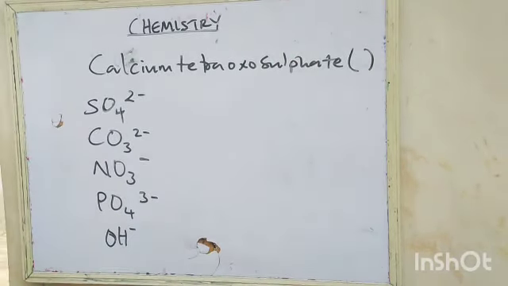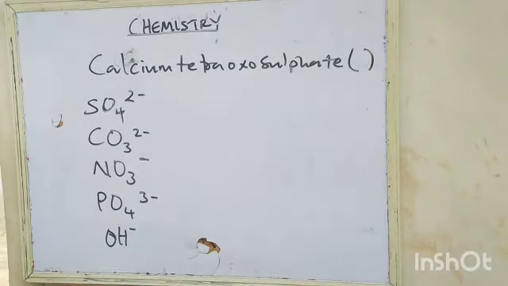So how do we write the correct molecular formula for this compound? Now, having understood the radicals we have, we can work with that. Calcium, identifying the symbol Ca, tetraoxo sulfate.